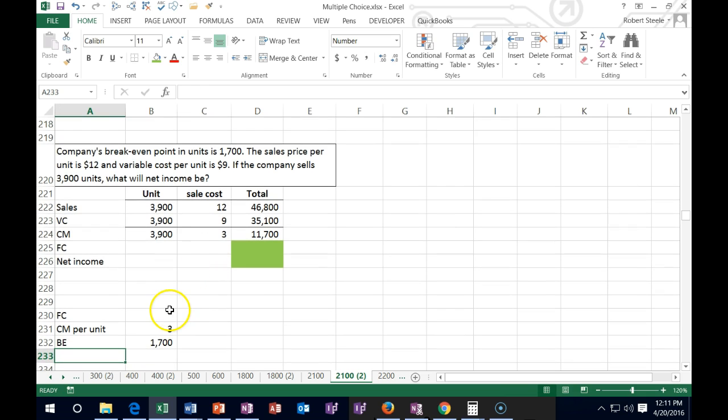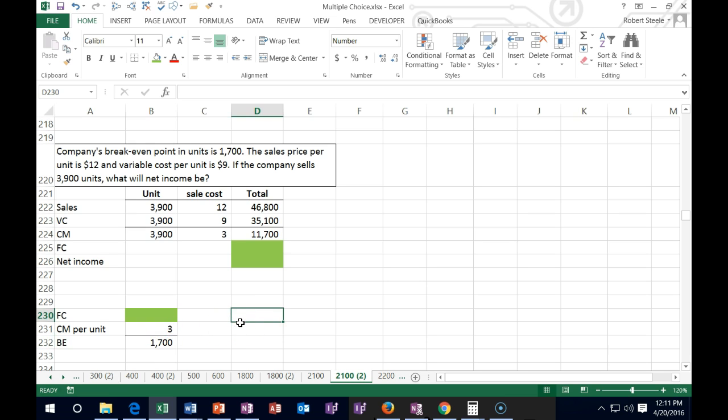So here we have it. We're looking for this fixed cost. And we know that this divided by that is 1.7. Therefore, if it's a division to get to here, it's probably multiplication to get back to there.